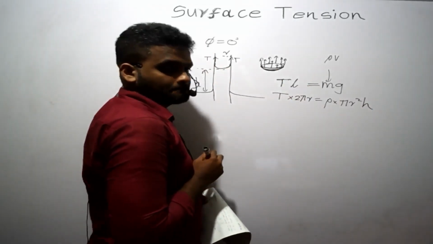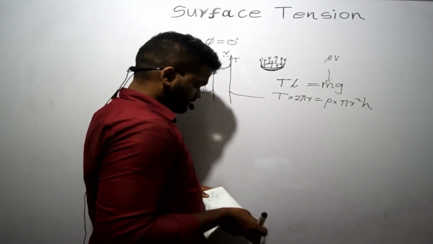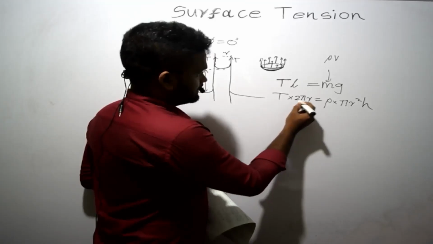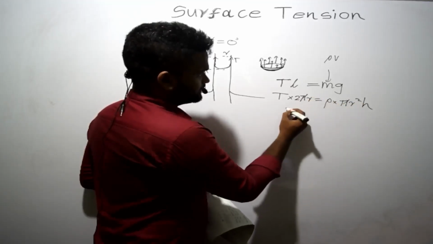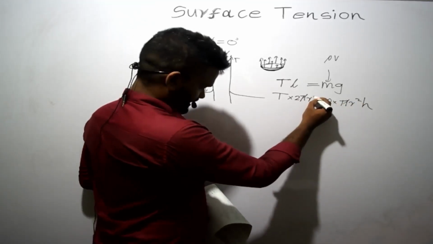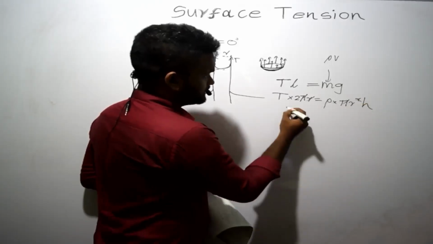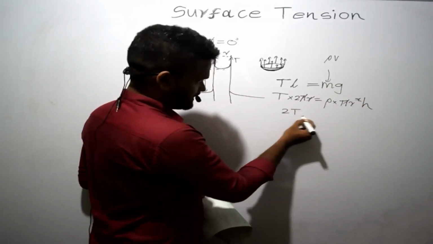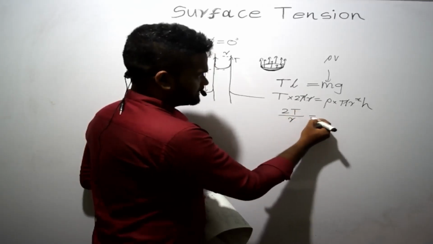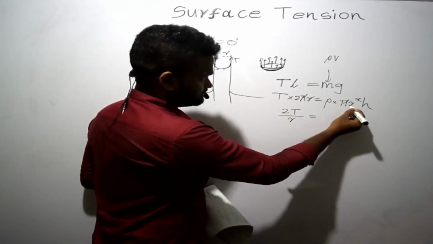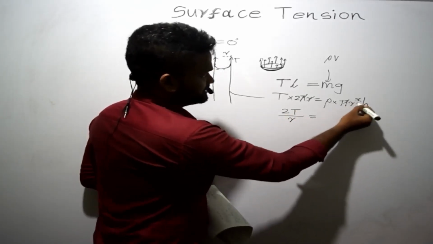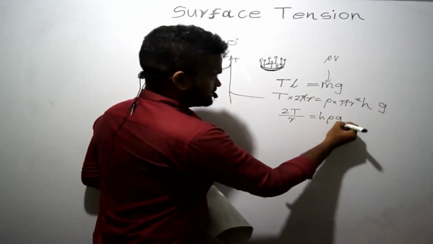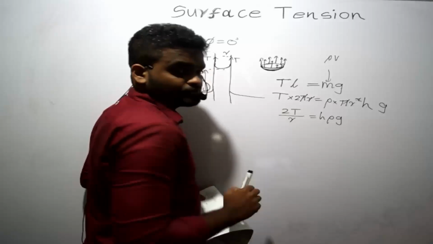Understood? Then using that, you can get an equation. Pi cancels off. You can get rid of one of the r. Then you have 2T, and one r I cross multiply and take to the other side. 2T divided by r equals h rho g. There should be g as well, right? 2T divided by r equals h rho g.